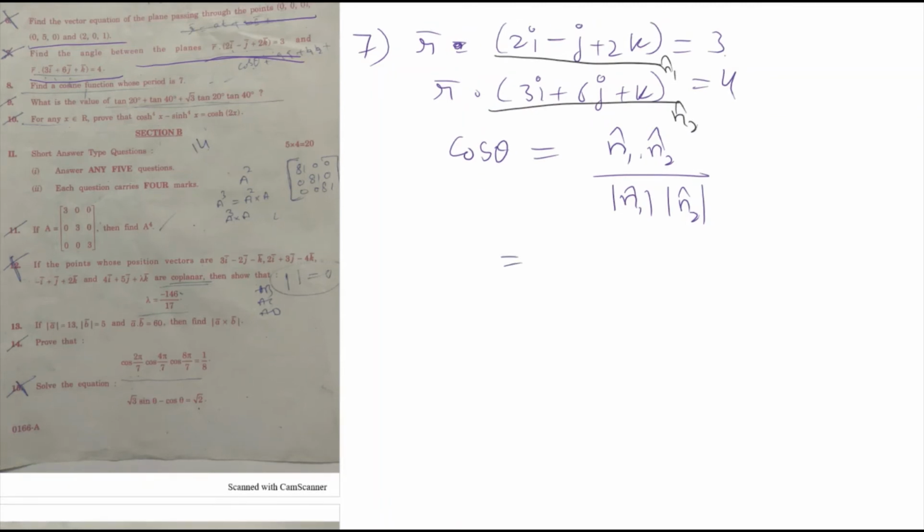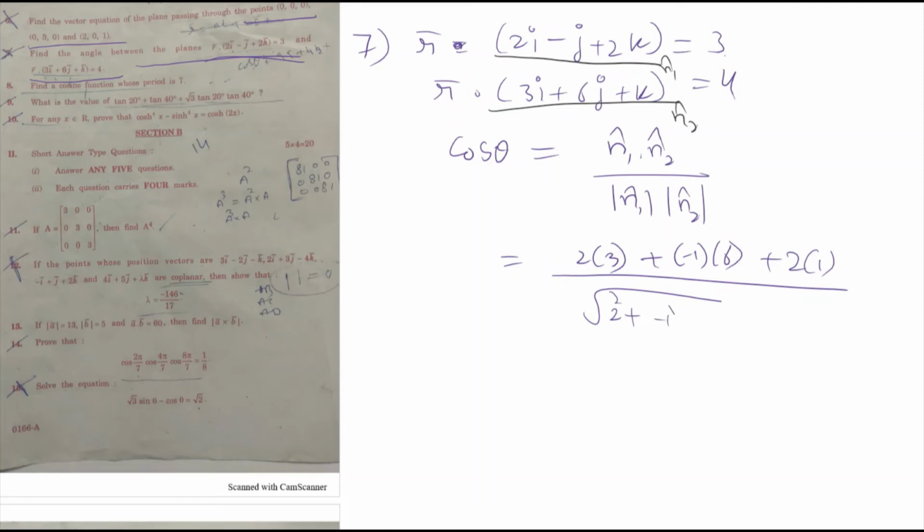So that equals n1 dot n2 bar equals 2 into 3 plus minus 1 into 6 plus 2 into 1, divided by mod of n1 cap, which is the square root of 2 square plus minus 1 square plus 2 square, into the square root of 3 square plus 6 square plus 1 square. Put modulus for this because we want the acute angle here.